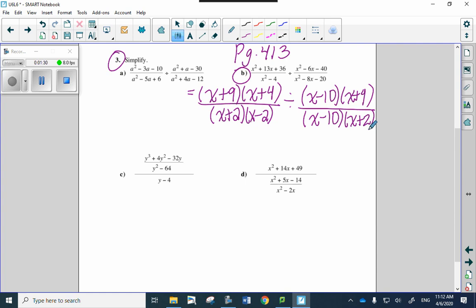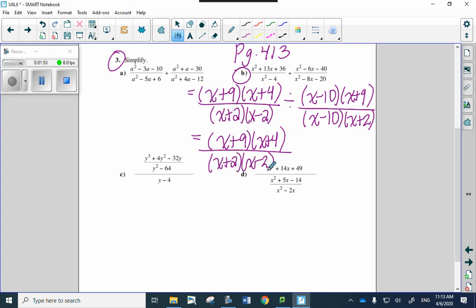Okay, now once I've factored everything, I'm going to change this into a multiplication statement. So remember, we keep the first fraction the same, flip the second, and then we multiply. So this is going to be equal to x plus 9 times x plus 4, all divided by x plus 2 times x minus 2.